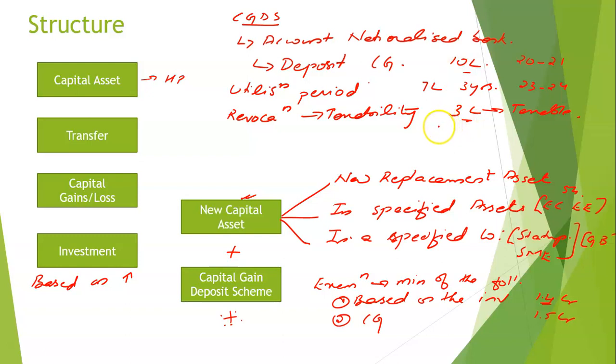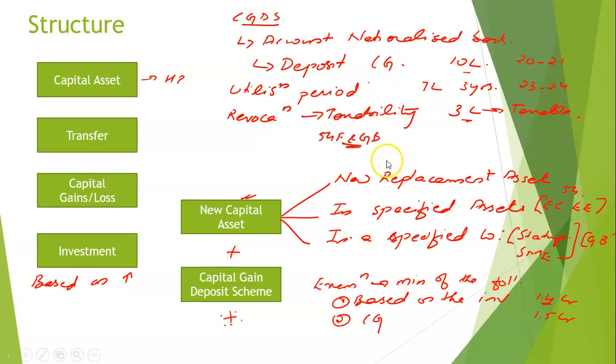my taxable revocation. The point that I stressed there is that in certain cases only a portion will be given as deduction, not the complete amount, and only a portion will be taxable at the time of non-fulfillment of the utilization period. That's with respect to sections 54F and 54GB. No need to note this down.